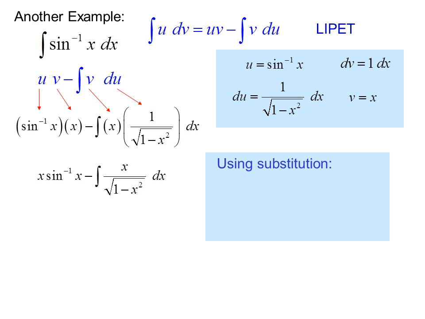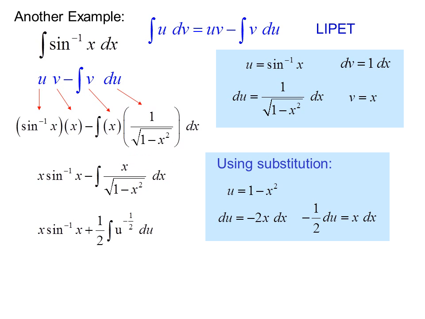Using substitution, we let u equal 1 minus x squared, du equals negative 2x dx, so negative 1/2 du equals x dx, and we have x dx in our integrand. Substituting, we get x inverse sine x plus 1/2 the integral of u to the negative 1/2 du.